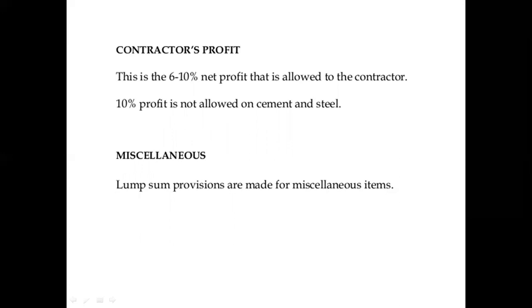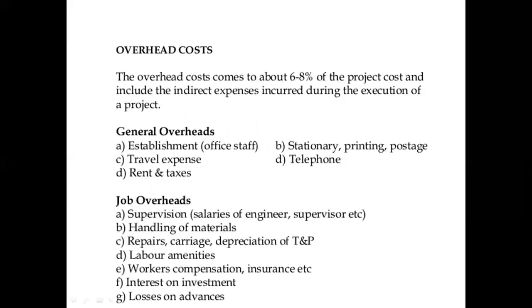Next, miscellaneous: lump sum provisions are made for miscellaneous items. Next one, overhead cost. The overhead cost comes to about 6 to 8% of the project cost and includes the indirect expenses incurred during execution of the project.